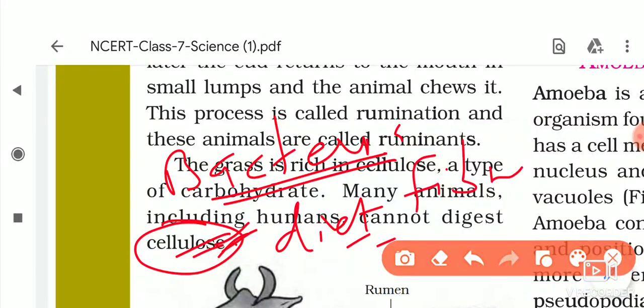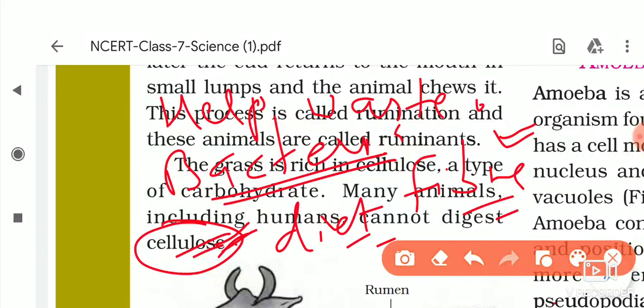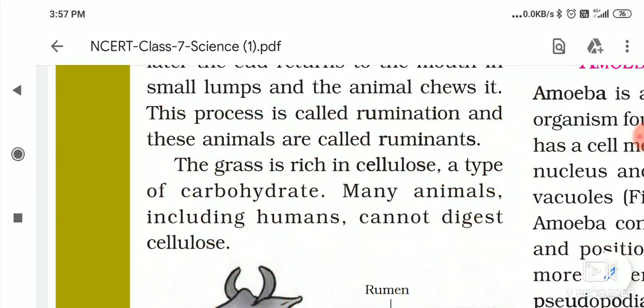Now the question is, if we cannot digest cellulose, how is it helpful for us? Actually, it assists in the digestion process, and it helps push waste out of the body.